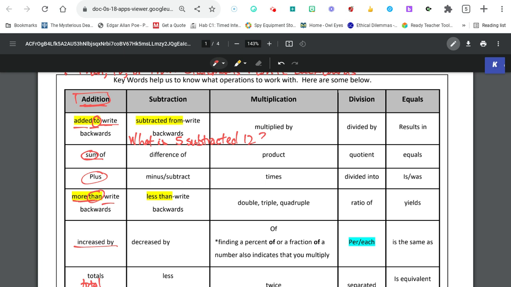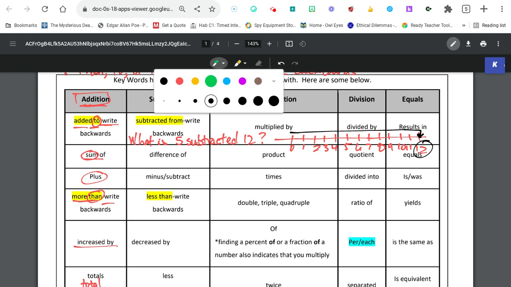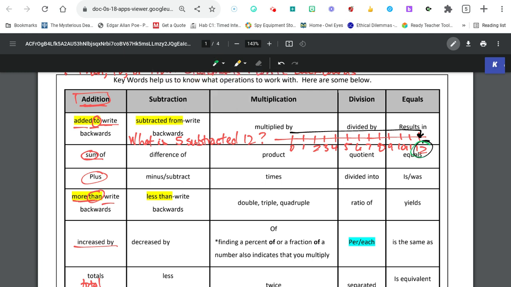What is 5 subtracted from 12? Over here I have 12. If I want to know what 5 subtracted from 12 is, at first, I have to go to 12. So I have to have 12 first. And then I can subtract 5 from it. I can't subtract 5 from 12 if I don't have the 12 first.